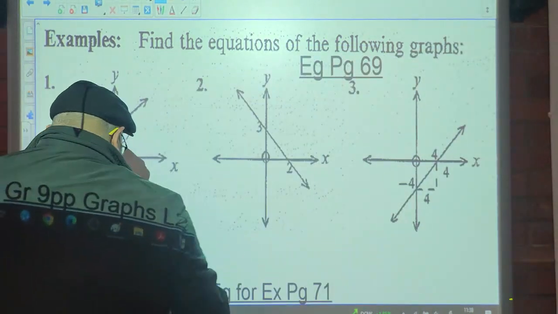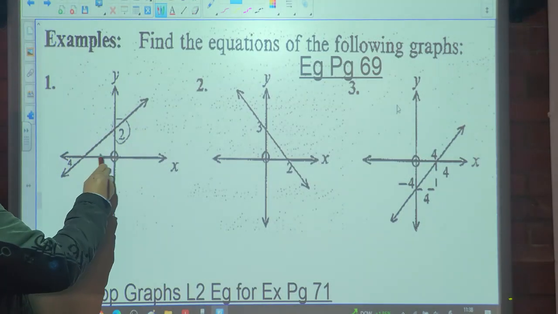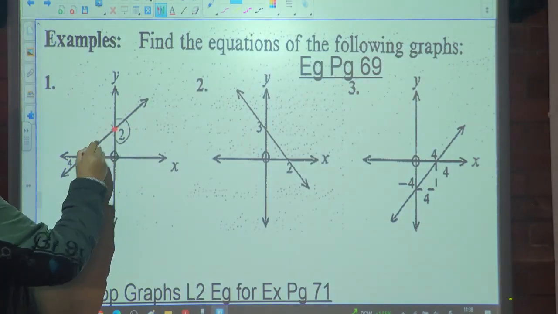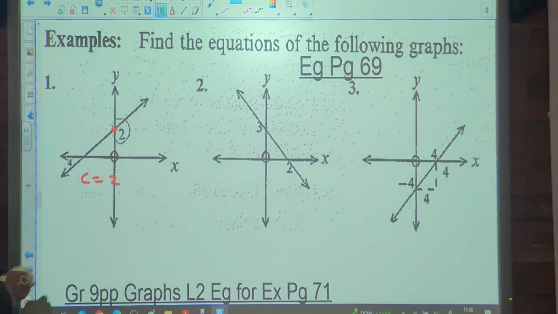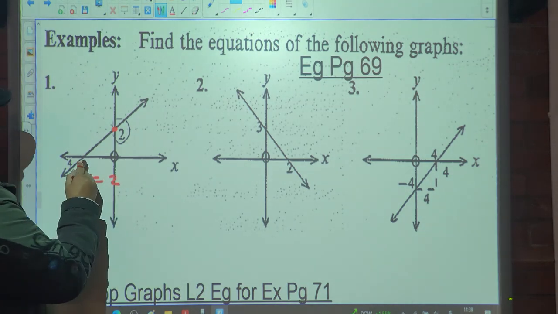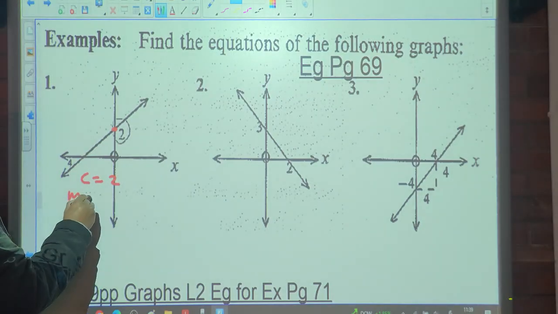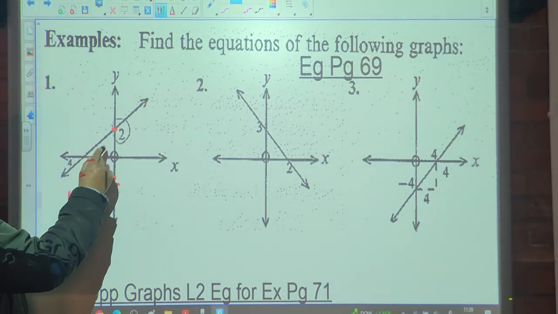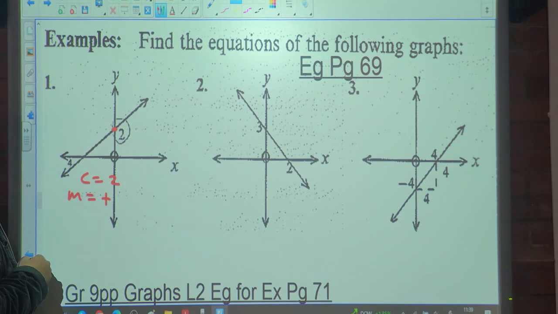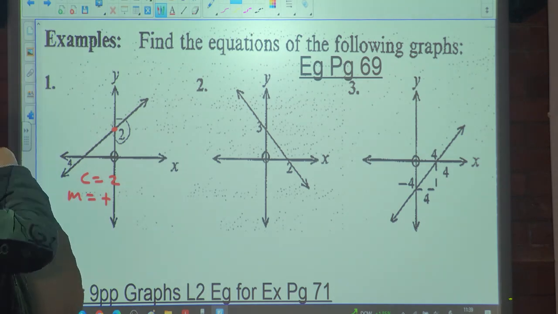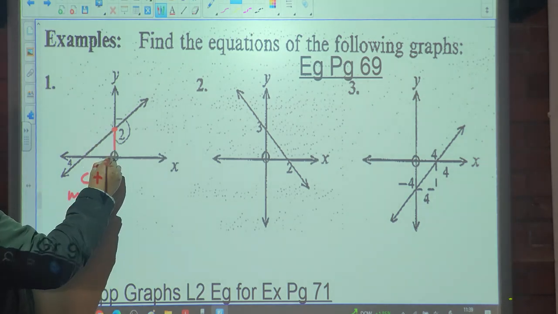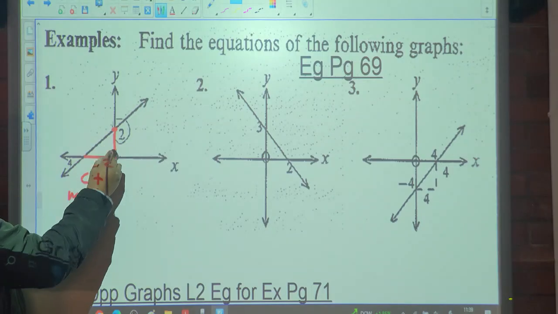So what you do is you say, okay, what is the y-intercept here? 2. So your c value is 2. Can you see that, people? Is this gradient positive or negative? Positive, because it's increasing. Your delta y, your change in y here, is what?